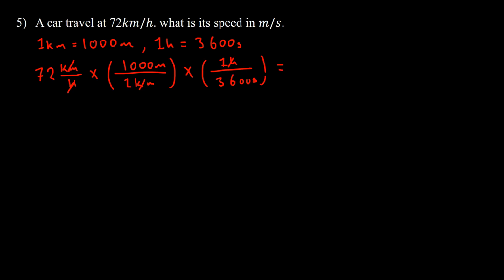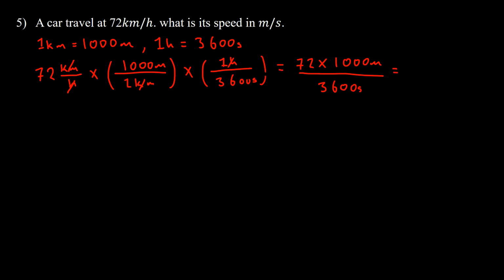After we've done that, we can now multiply the 72 by 1,000 meters and then multiply by 1 as well. So we can write 72 multiplied by 1,000 meters and then divide by 3,600 seconds.